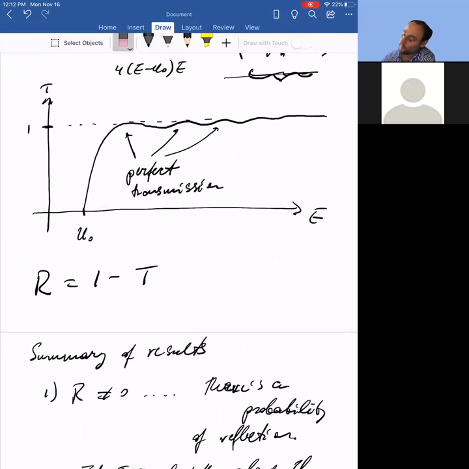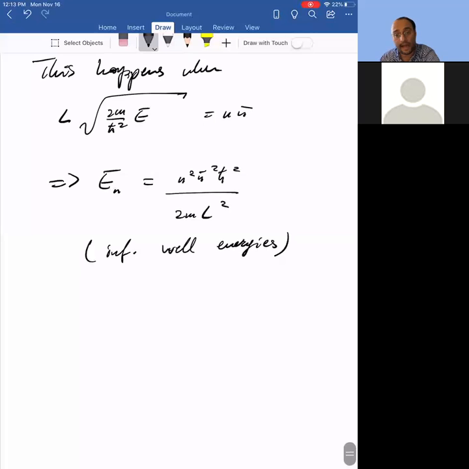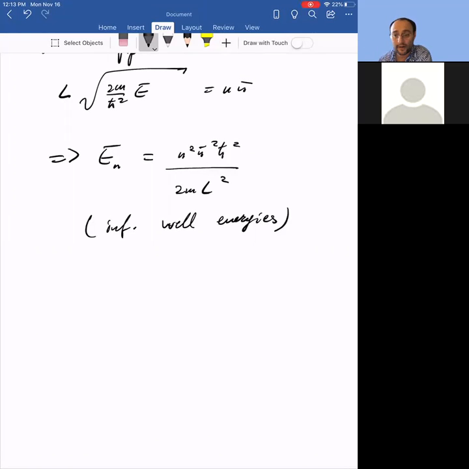As E increases, the probability of reflection decreases, but generally it's still non-zero, except at these very special points when the probability of transmission is 1. Transmission coefficient is 1. And that's basically what I wanted to say for today. That is quantum scattering. This is very, very basic quantum scattering in one dimension.